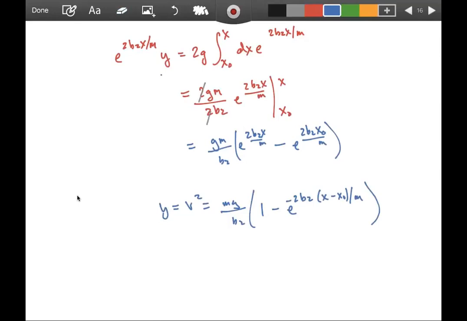Finally, taking the square root of both sides, I get v is equal to the terminal velocity times the square root of 1 minus e to the negative 2b2 divided by m times x minus x initial. So this is my velocity as a function of position. In this case, notice that this will only go to my terminal velocity when the position goes to infinity. And in that case, my velocity goes to terminal velocity, which is simply a constant.